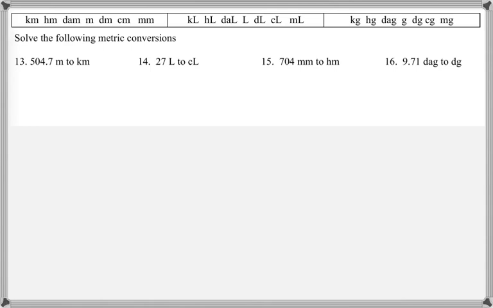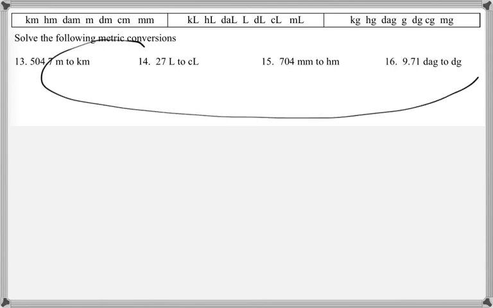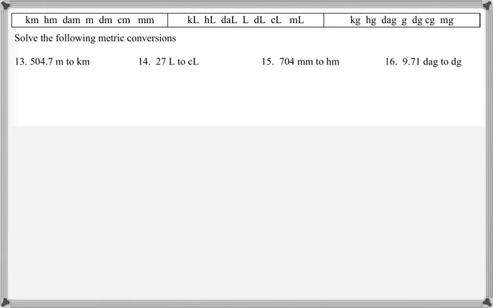So we're going to be converting. You'll see lots of different conversions that we're going to have to do here. And we have these converting charts. You don't need to memorize these. These will be provided. And these really help us with converting because we're going to be moving the decimal place.